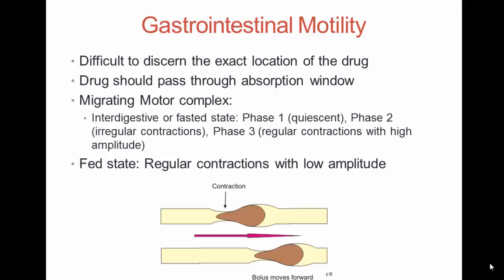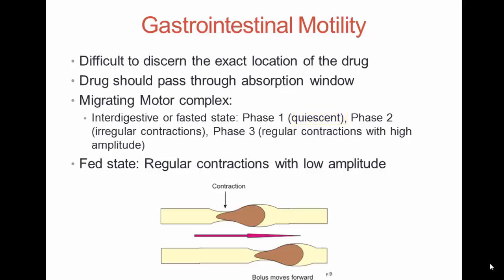In the interdigestive or fasted state, there is phase one, called the quiescent stage, which lasts around 30 to 60 minutes, and here there are no contractions taking place. That is a quiet phase with no contractions.